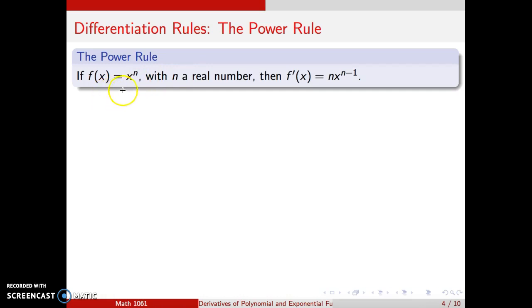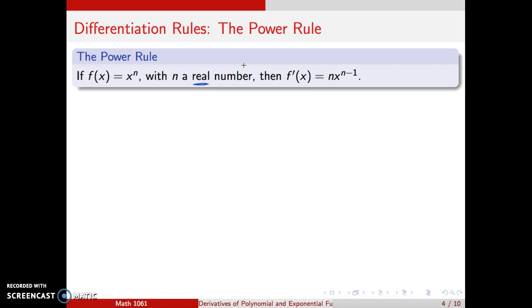So what it says is if you've got a function that's just a power function, just your independent variable raised to a power, where n is any real number, so it's the type of numbers we deal with: positive whole numbers, things like 2, 3, 127, negative integers, negative 10, negative 25, and so on.